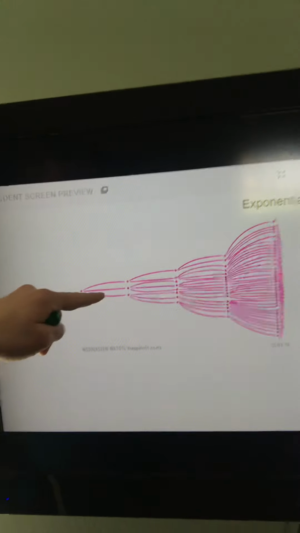For a lot of you that did the Desmos activity from yesterday, you saw, let me screencast this for you, this particular picture right here, which looks similar to that makeshift graph I just showed you. In this case, 1 is passing it to 3, and you can see the exponential growth that is happening.